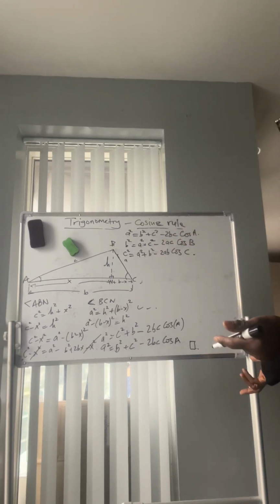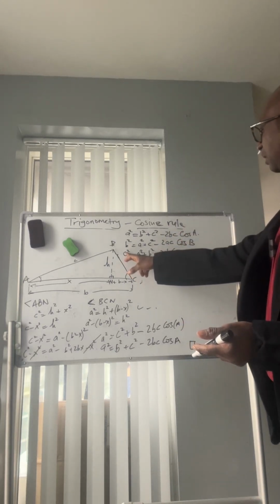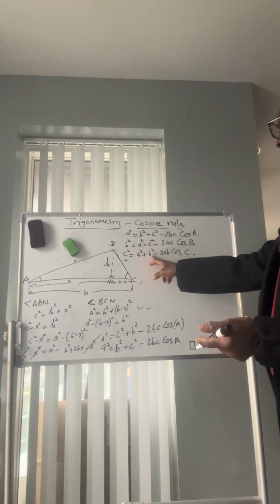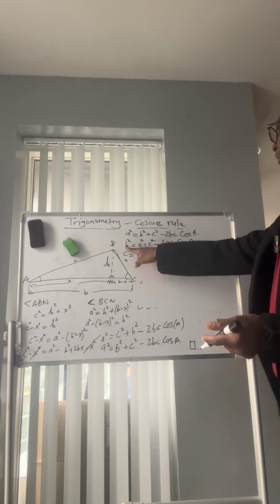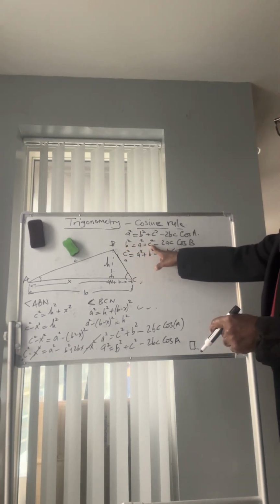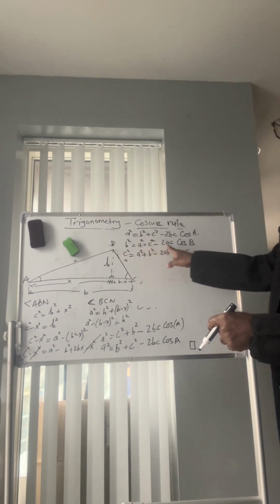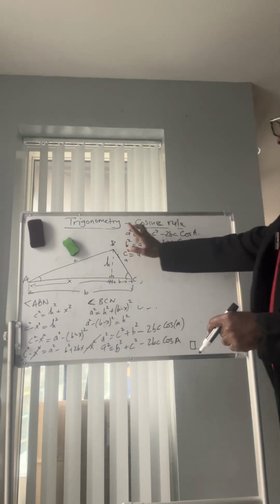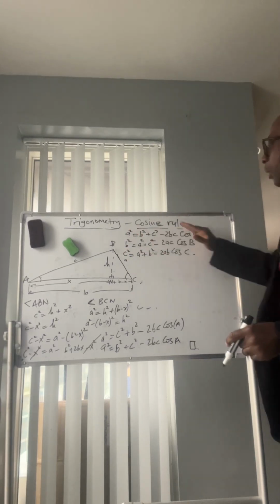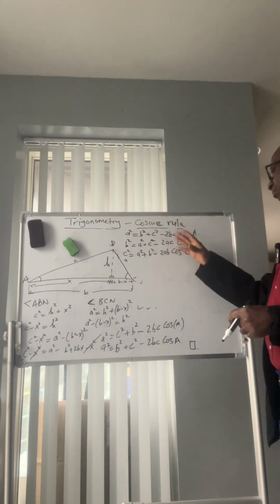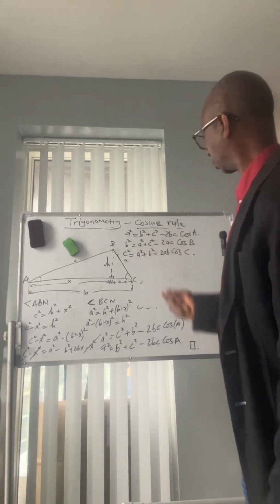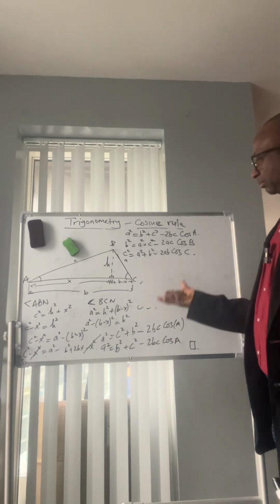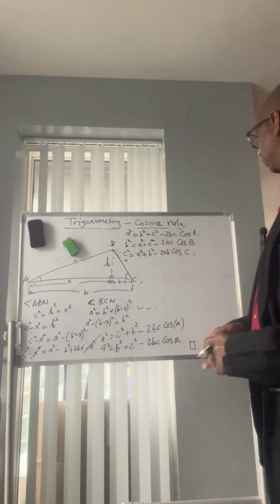Can you see the relationship? If it is c squared, you have a squared plus b squared minus 2ab cos C. For b squared, a squared plus c squared minus 2ac cosine of B. You just need to know one. There is a strong relationship between them, so when you know one, the other ones will just come up.